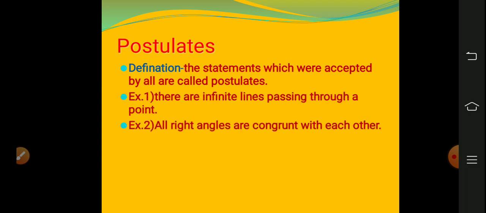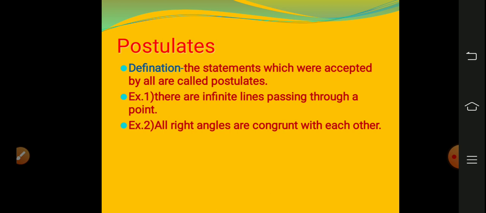For example, we see some Euclid postulates. In that, there are infinite lines passing through a point. Second one, all right angles are congruent with each other. These two statements are accepted by all.